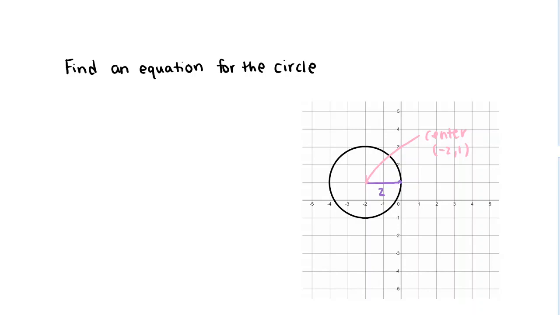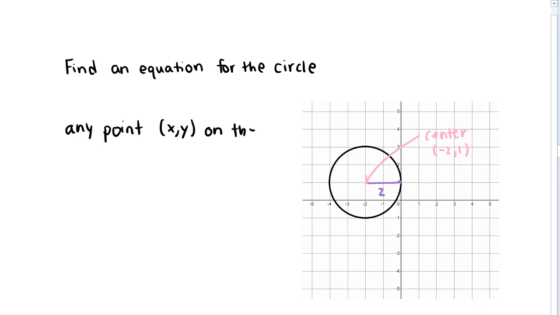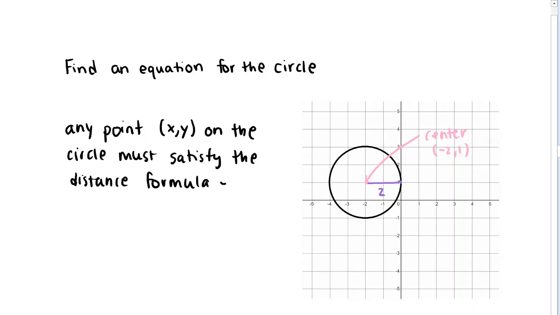Really the idea is that any point that's going to be on the circle must satisfy this sort of distance formula equation. That point is the radius distance away from the center.